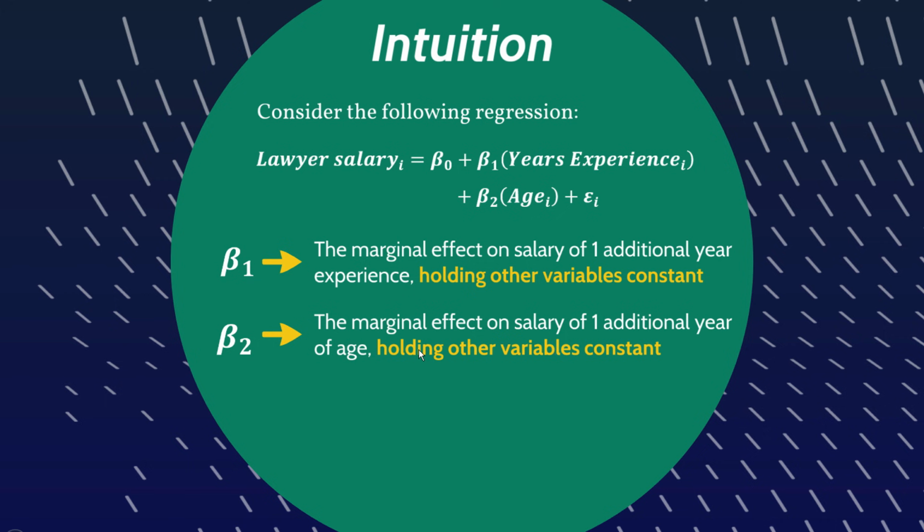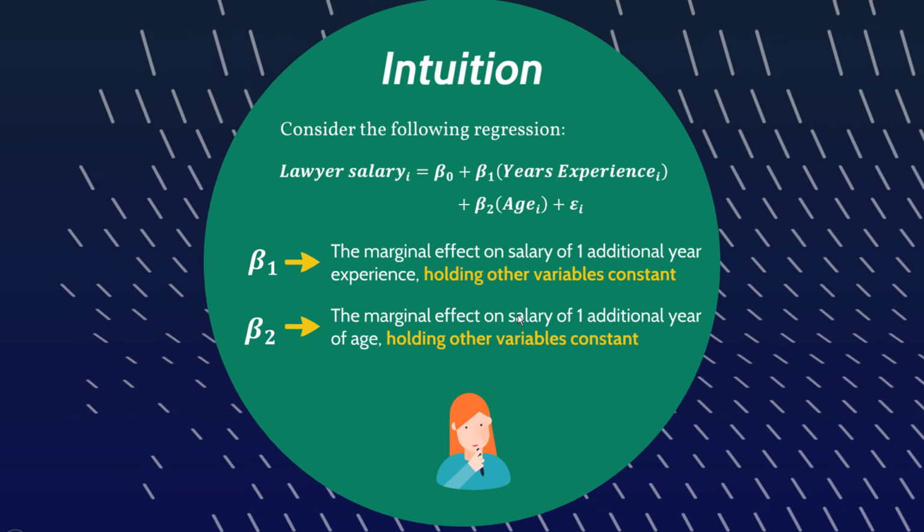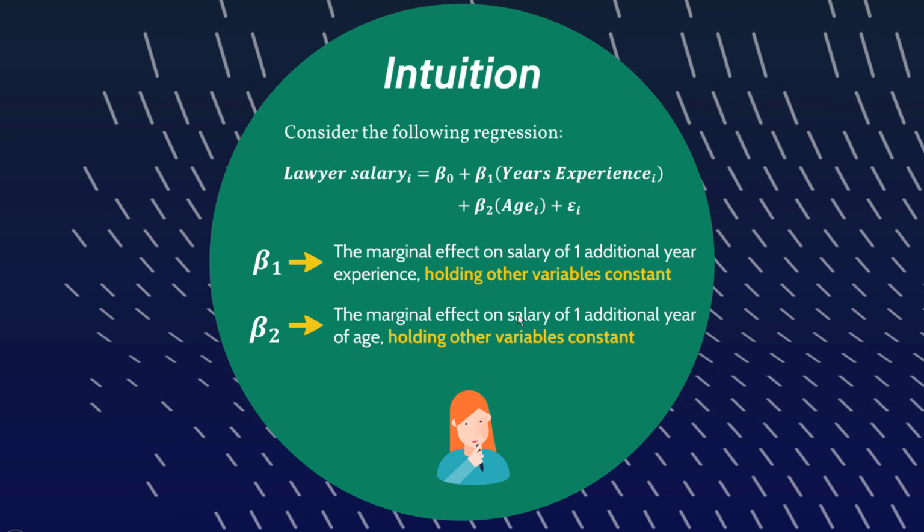Now, is it possible to really hold the other variables constant in each of these cases? Well, Janet down here is rightly cynical because, of course, you can't really hold your age constant as your years of experience are increasing. So that's a problem. And that problem is called multicollinearity.